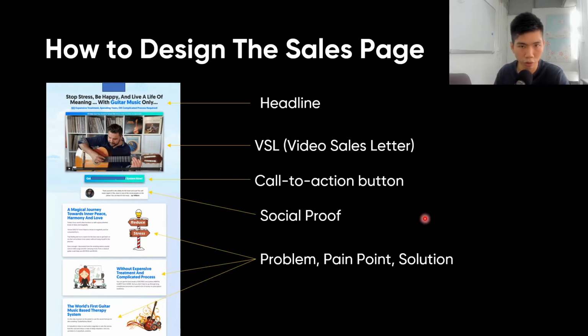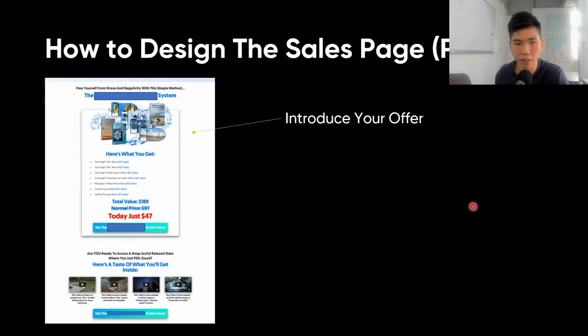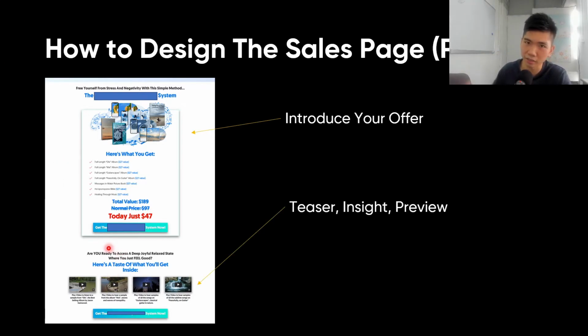So that's how you structure the first part of your sales page. And the next part would be to introduce your offer, your system, this type of stuff. These two sections, you can put up or down, just personal preference. And you also give the teasers, the insights, the previews about your online course.